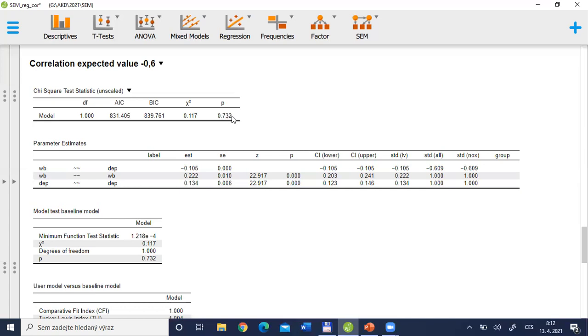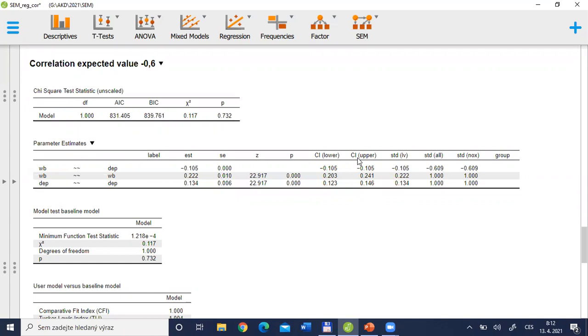and the p-value is 0.732. Once again, I would like to recap the basic logic of this chi-square test. The null hypothesis says that our model and my data are close to each other, or in other words, the covariance matrix which can be seen from my data is the same as the covariance matrix generated by my model.